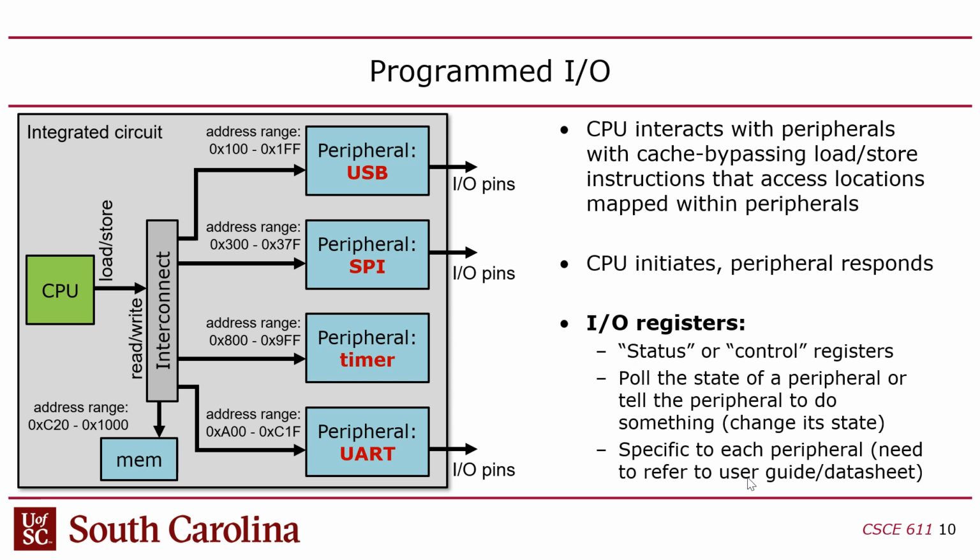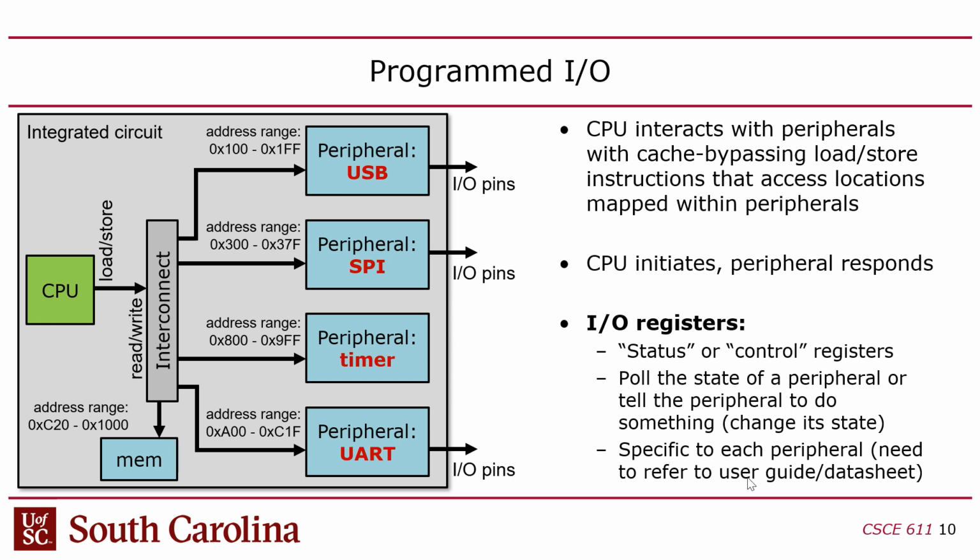So when the CPU issues a load or store to an I/O address, that interconnect knows what the mapping is between your addresses and those peripherals, and it uses the address as a destination field. It uses the memory address as an IP address, basically, if you think of it as a network. So the CPU gives it a memory address, and the interconnect interprets that as the address of a specific peripheral, because it knows the I/O mapping, and then it uses that to route the load or store to the appropriate peripheral.